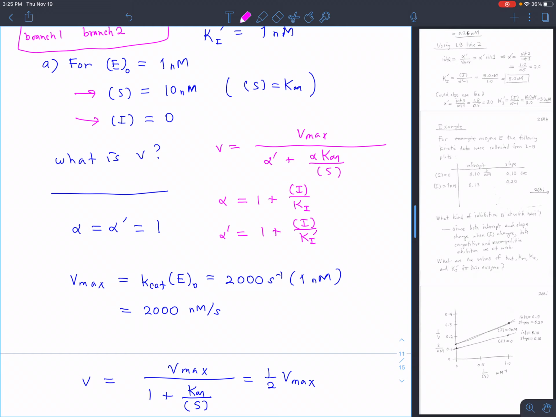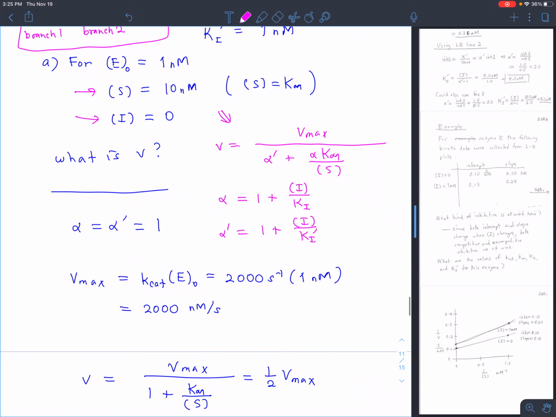so good to do one now. Here's the Michaelis-Menten expression with inhibition present. Alpha prime and alpha basically represent the extent of inhibition that's going on. And remember that alpha is equal to 1 plus the inhibitor concentration over the Ki value. That's branch 1 inhibition.